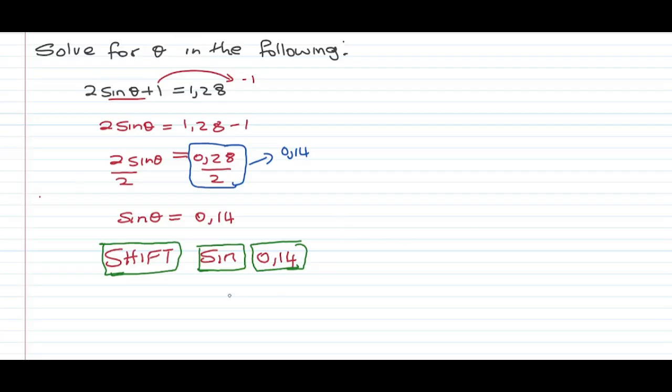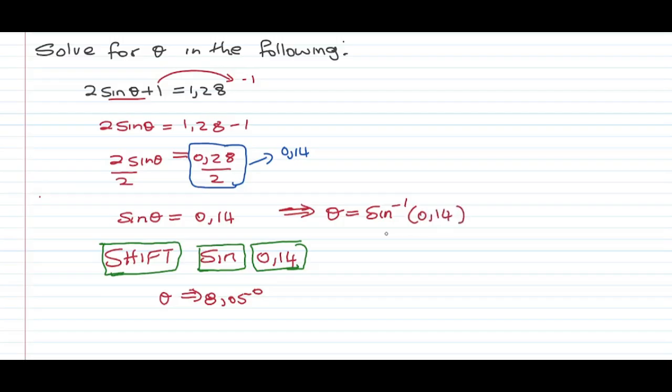Now when you press this, this will give you an answer of what? 8.05 degrees. So your theta is equal to that. But to put this in simple terms, theta is equal to the sine inverse of that number.